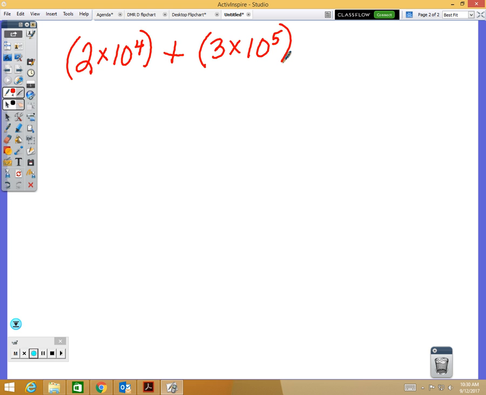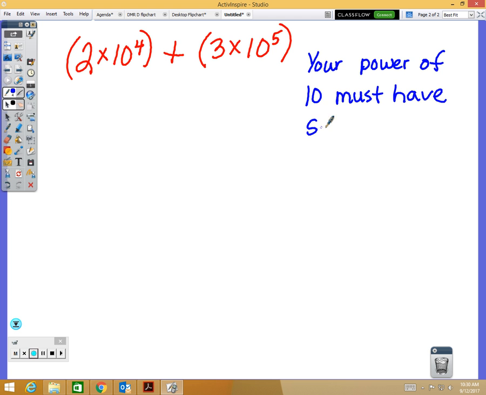Now, the difficult part about this is the only way to actually add these numbers is if our base of 10, if they have the same exponent, okay? So your power of 10 must have the same exponent.